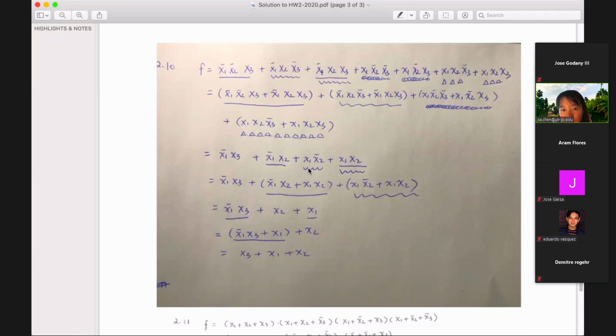Can I do it with this one? No, because those together is exclusive or, so you cannot make it simpler. But since you cannot combine this one with this one, then you combine this one with the last one, right? It's combining property again. So after combining x1 naught times x2 and x1 times x2, you can get x2. That's how you get this x2 here.